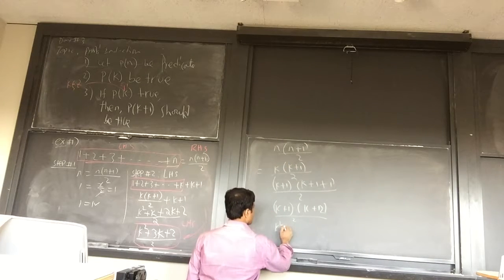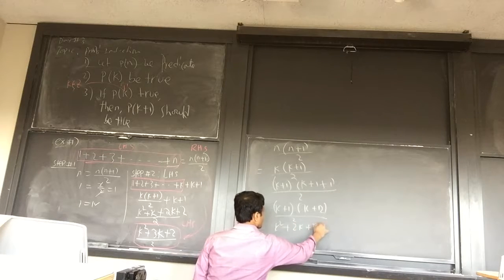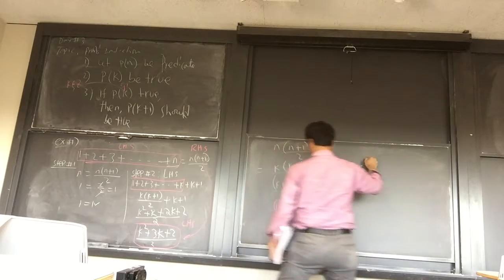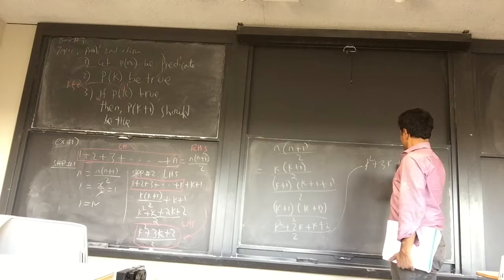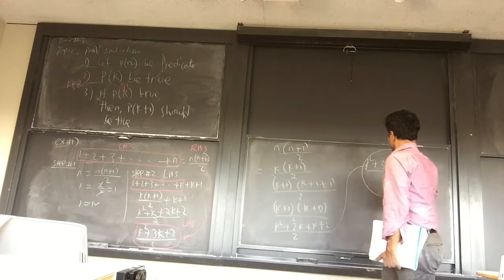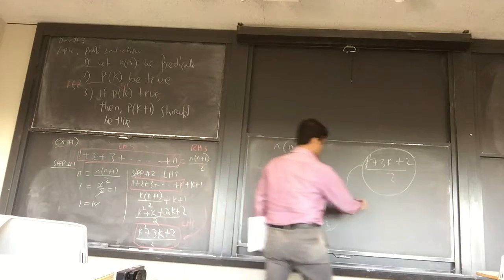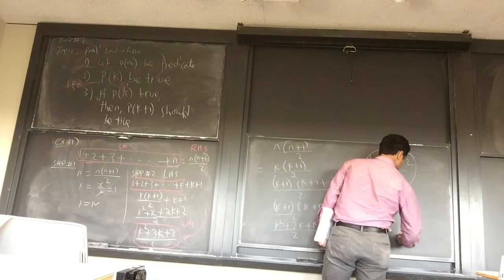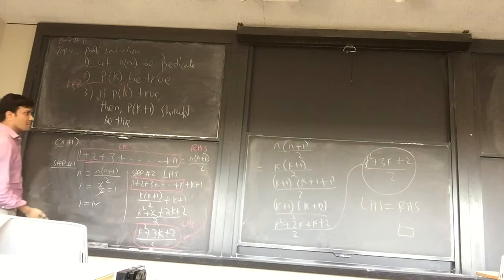So k squared plus 2k plus k plus 2 over 2. That gives us k squared plus 3k plus 2 over 2. So indeed this and this are the same. So left hand side is equal to right hand side. True. We're going to do the next example.